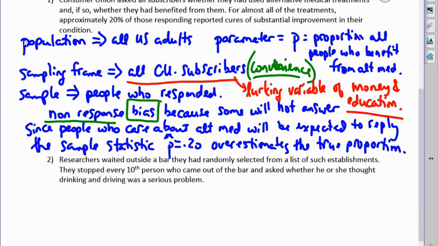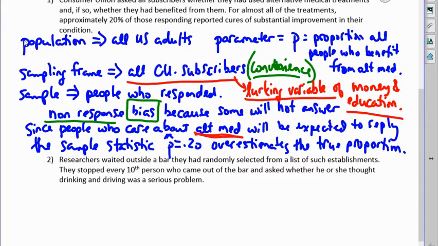So those might be some lurking variables. And I wonder, is having more money going to help you do more alternative medicine? That seems reasonable. When you have a lurking variable, you want to say how it corresponds to the variable of interest.